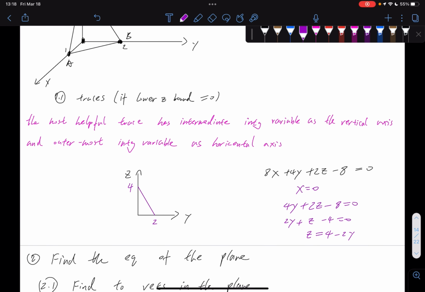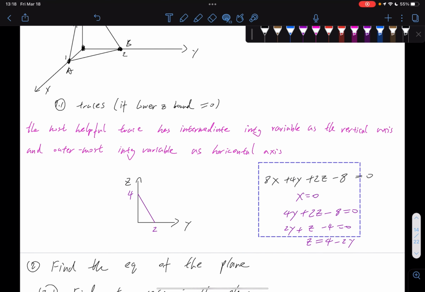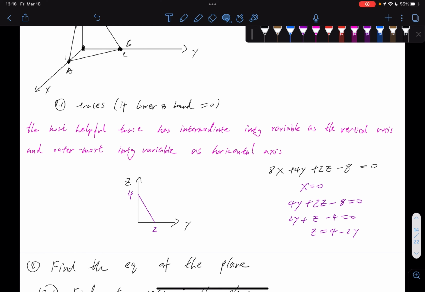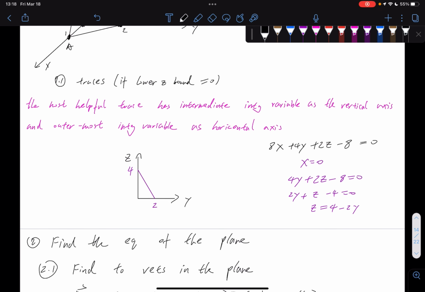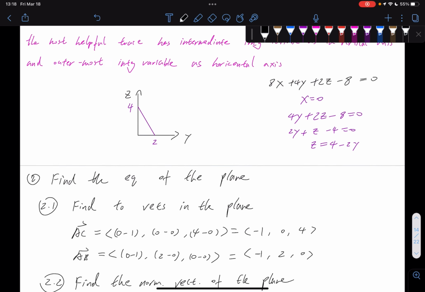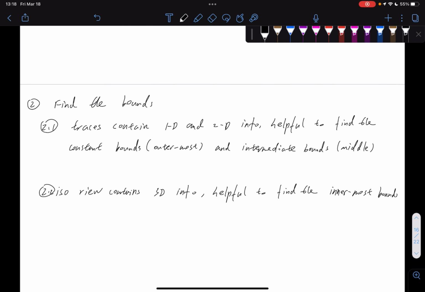That's the trace that's going to help us find the bounds. So let's go to step number 3, which is just to find the bounds.